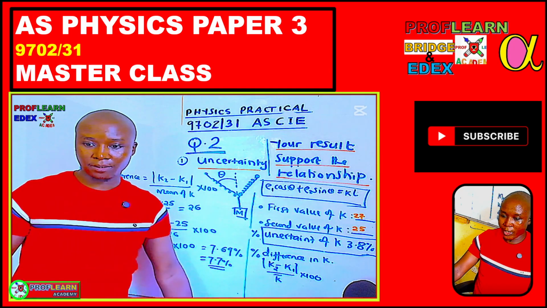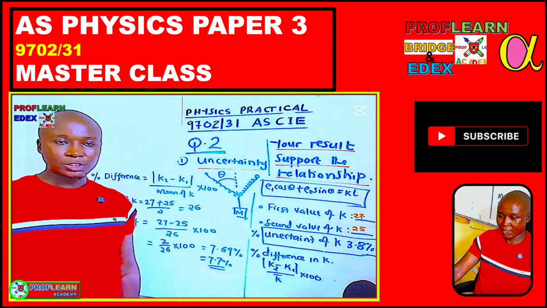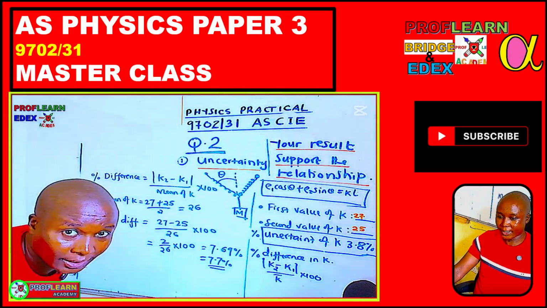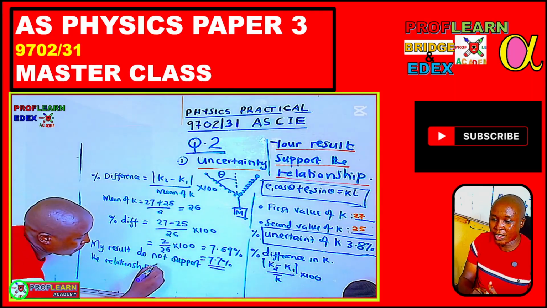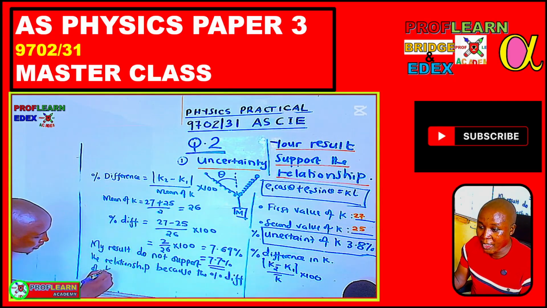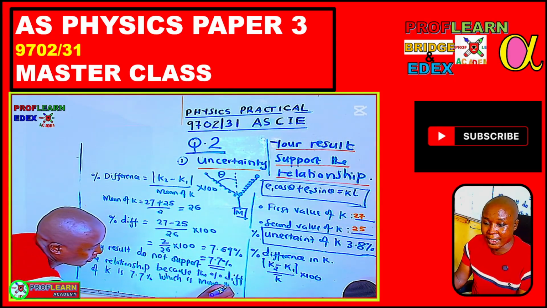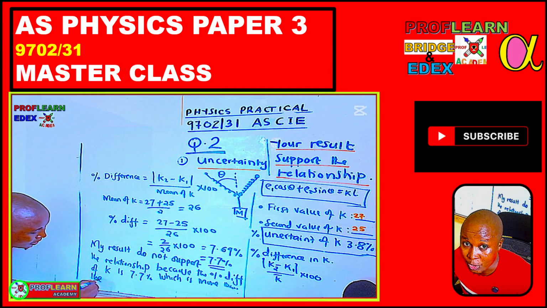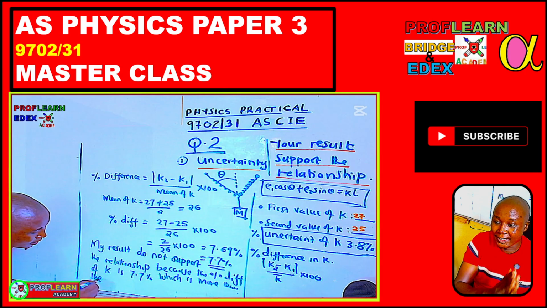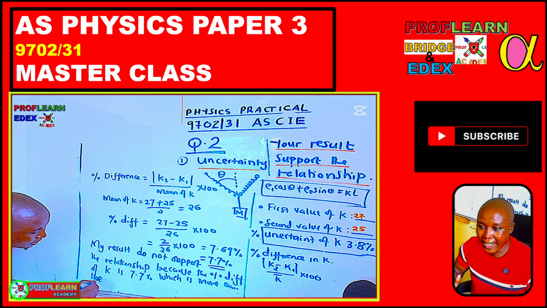Now we are going to compare this and that one so that we can say whether our answer supports. So if you get a different percentage, you say your result does not support. If you get the same value, you say your result supports that particular relationship.